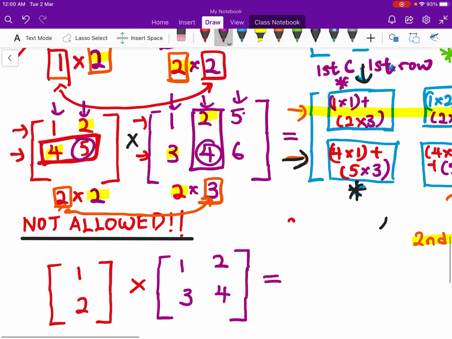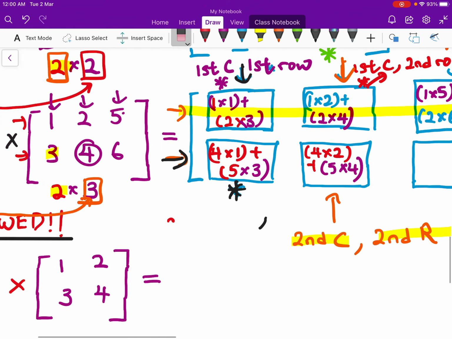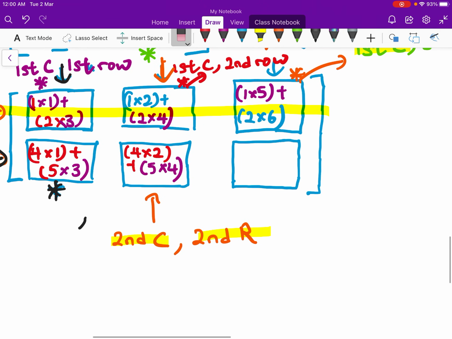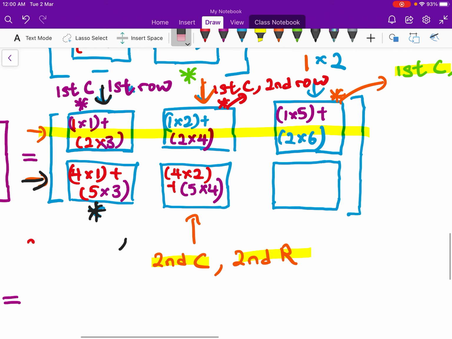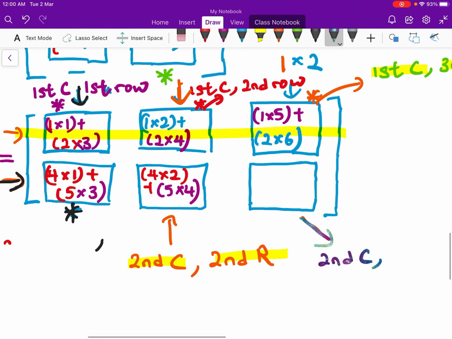Now finally we go to the last box, which is this. For the last box, you can see this box is under our second column, third row.